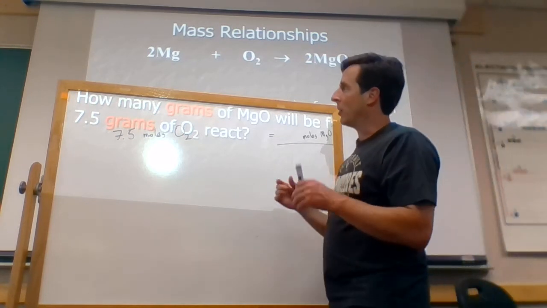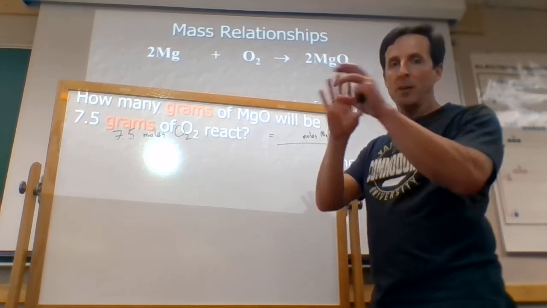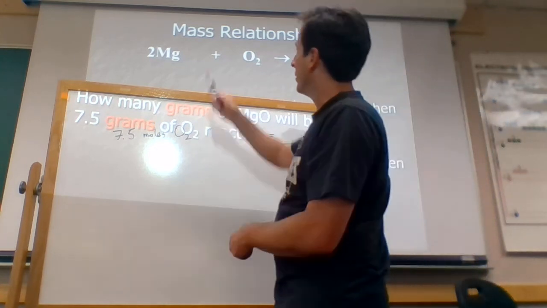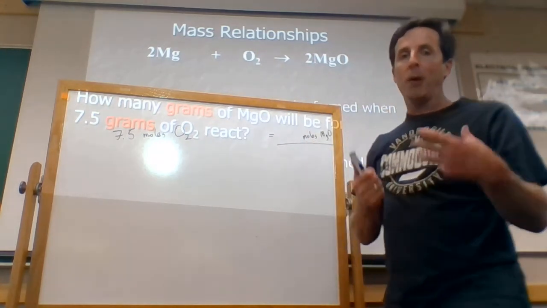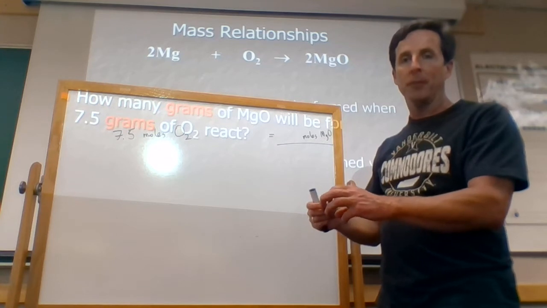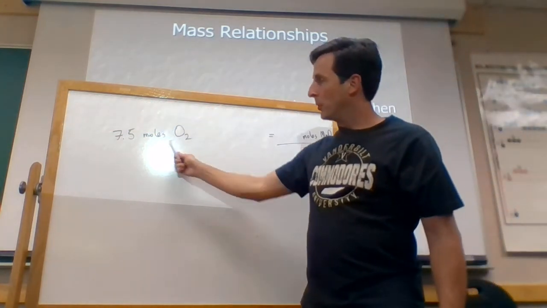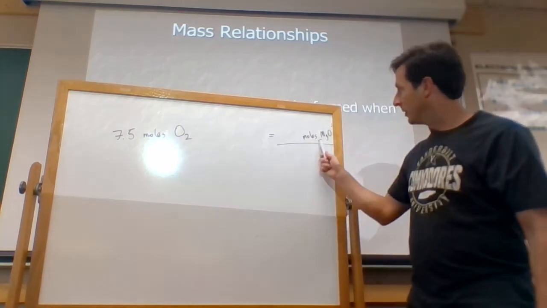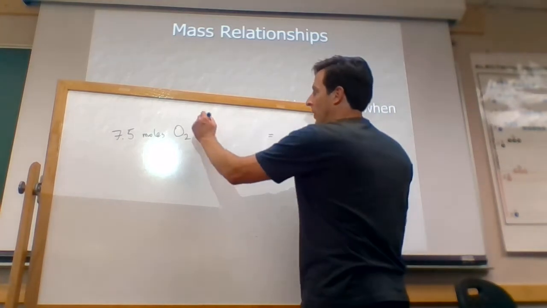And as long as the equation has already been balanced, that means that all the ratios have already been determined. I know that it's a 2 to 1 to 2 ratio between all of them. But when I look at a problem, I'm only going to focus on the 2 things that are mentioned in the problem. Okay? So, I know that I'm using O2 as my starting point, and I'm using MgO as my answer. So I need a ratio just between those 2 things.